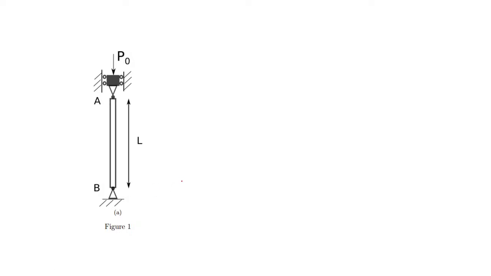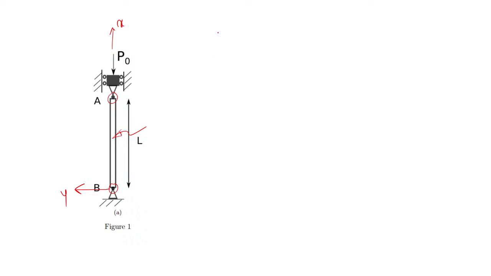Okay, so the final query that I have received is how these boundary conditions are to be dealt with. In this problem, as you can see, this is a beam element. It undergoes bending, and at these two ends, if I take this as the x coordinate and this as the y axis, at point B it is pinned.